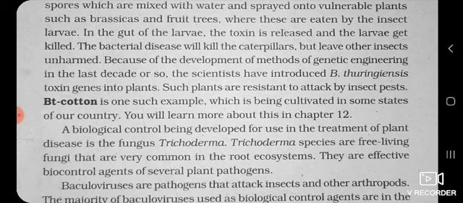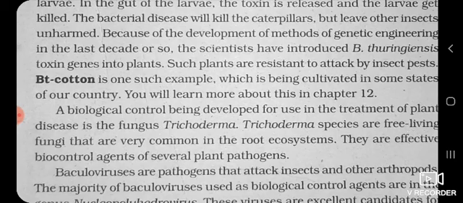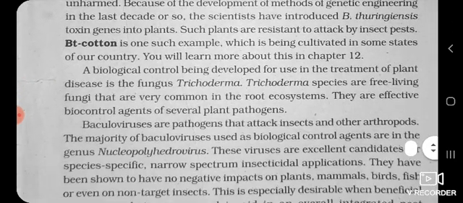Because of the development of methods of genetic engineering in the last decade, scientists have also introduced Bacillus thuringiensis toxin genes into plants. Due to genetic engineering, it is now possible to identify a particular gene from that bacteria, Bacillus thuringiensis.